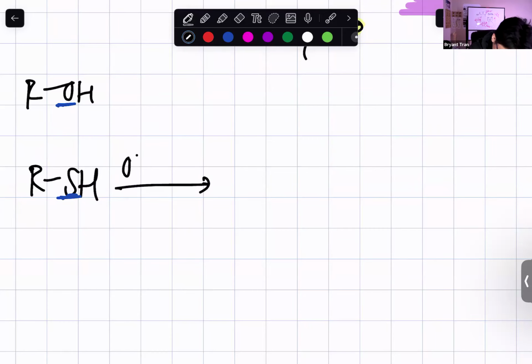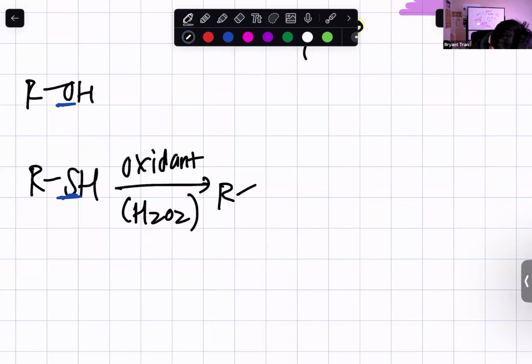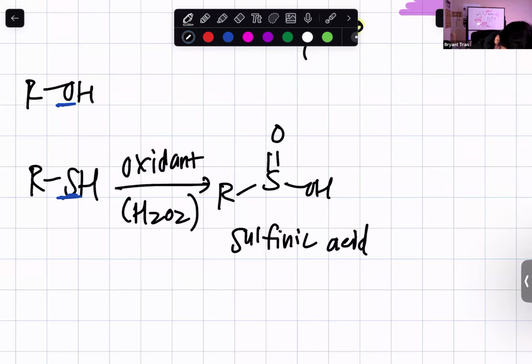When we use some kind of oxidant, aka oxidizing agent, like hydrogen peroxide, H2O2, we're going to oxidize that thiol into a sulfonic acid. If we focus on this sulfur atom right here, it had 0 bonds to oxygen and 1 bond to hydrogen. But when we oxidized it, we gave it 3 bonds to oxygen, and now it has 0 bonds to hydrogen.